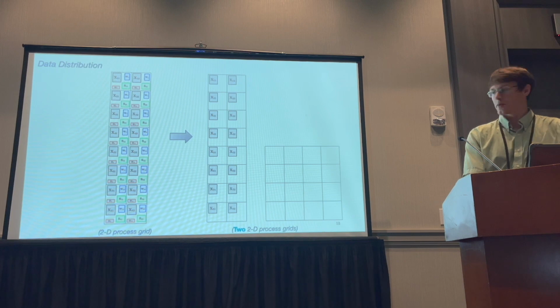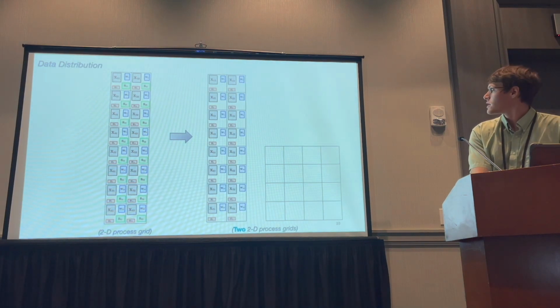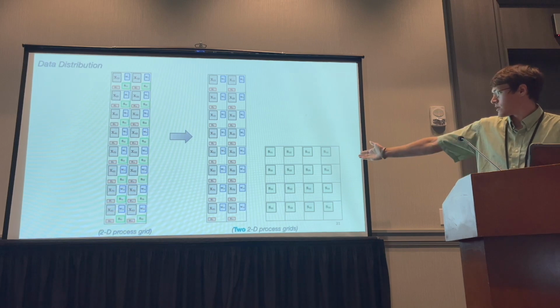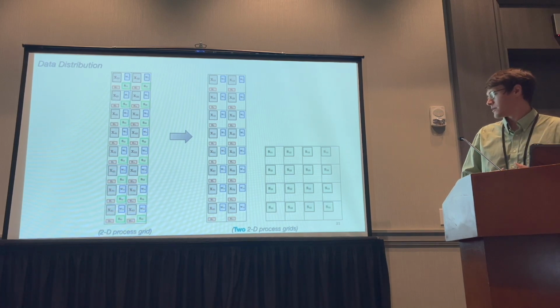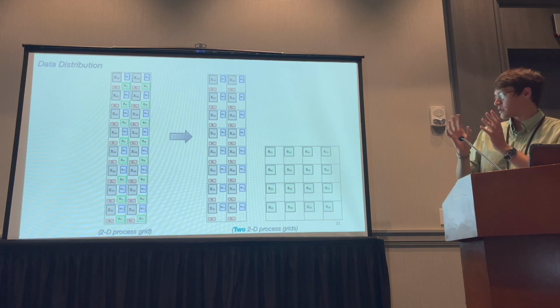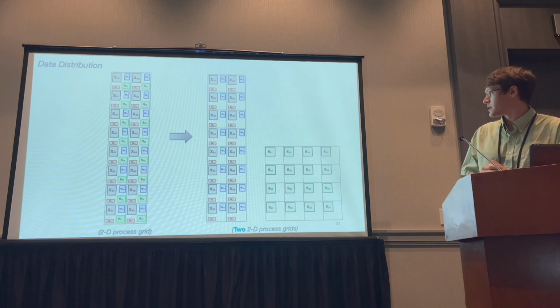So in this case, we'll have X distributed as previously, same with W, same with H, except here S is logically viewed on a different processor grid, which has a better aspect ratio for its dimensions.